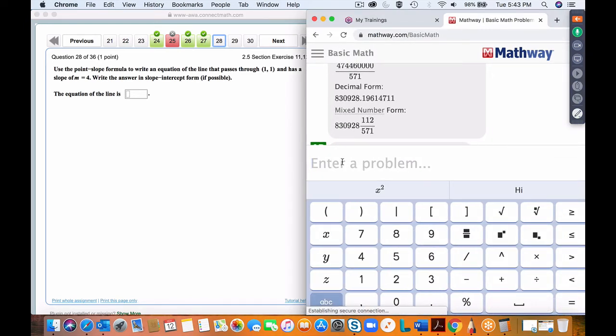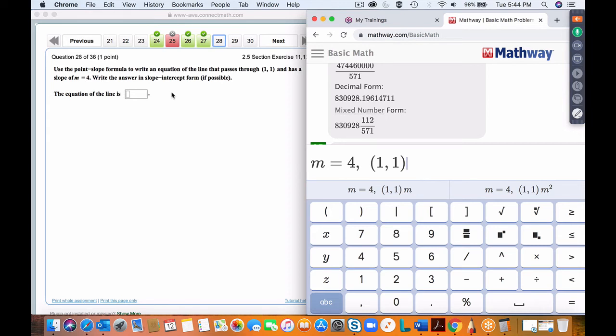We say I have m equal to 4, and then I have this point 1, 1. That means I have to use the point-slope form, but they want the answer in slope-intercept form. So you start with the point-slope form to get the slope-intercept form.